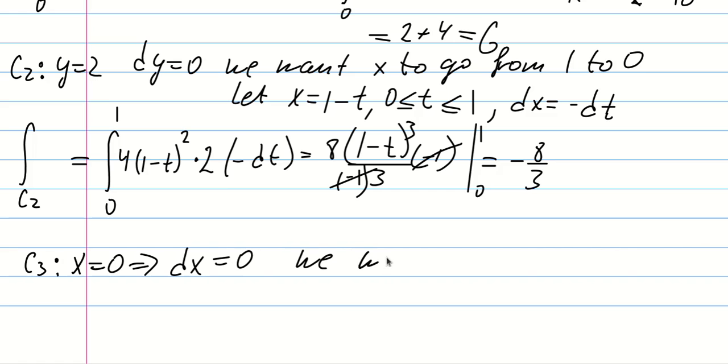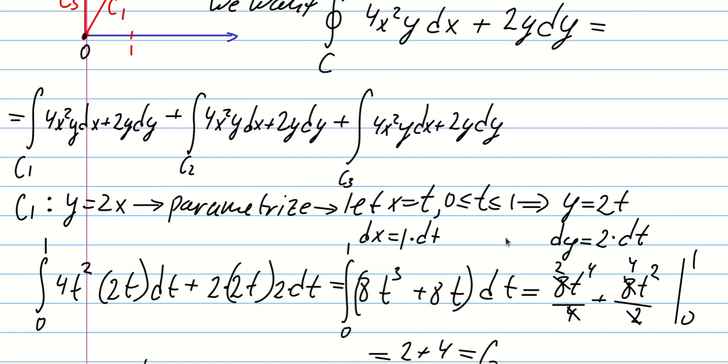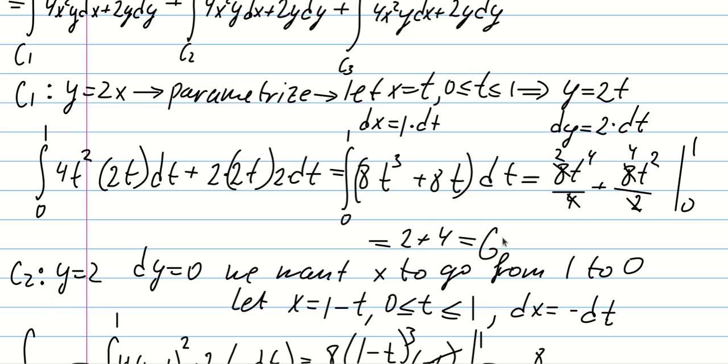And we want y to go from 2 to 0, because we're standing over here on the top and we want to go all the way to the bottom. So 2 units down.